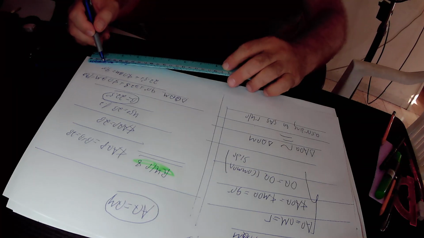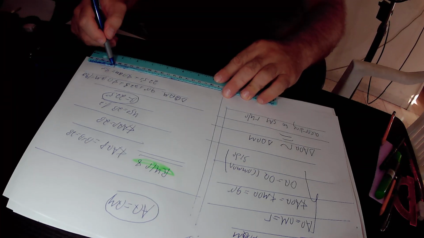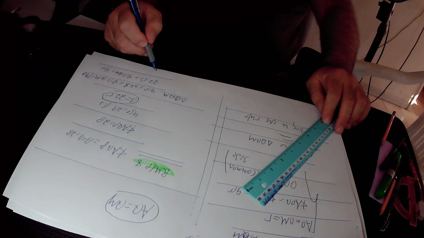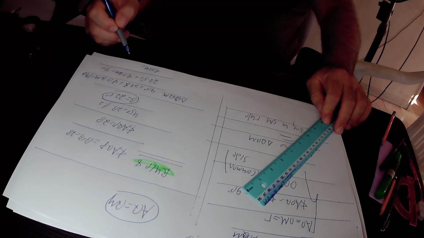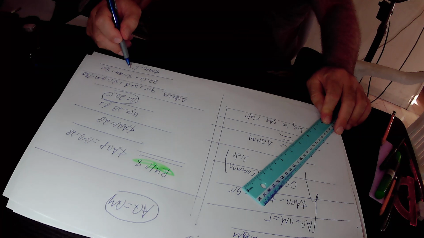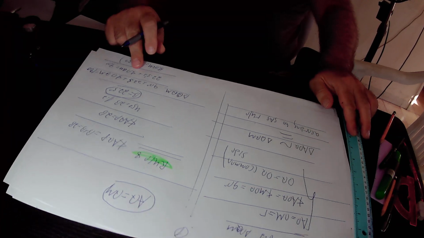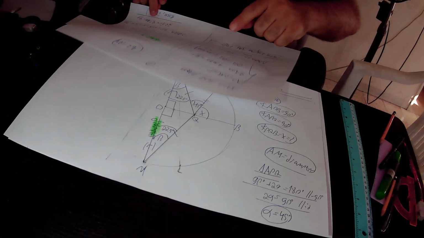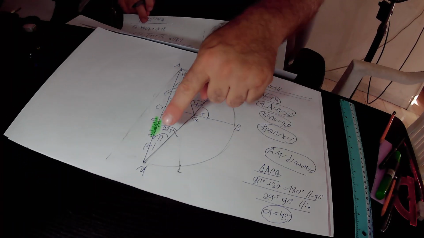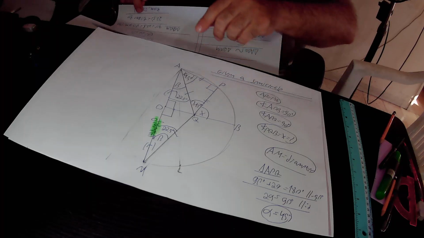Here we subtract 22.5 degrees from this equation and we get that the size of the missing angle OQM is equal to 90 degrees minus 22.5 degrees, which is equal to 67.5 degrees in its size. So this is the missing angle OQM that is equal to 67.5 degrees in its size.